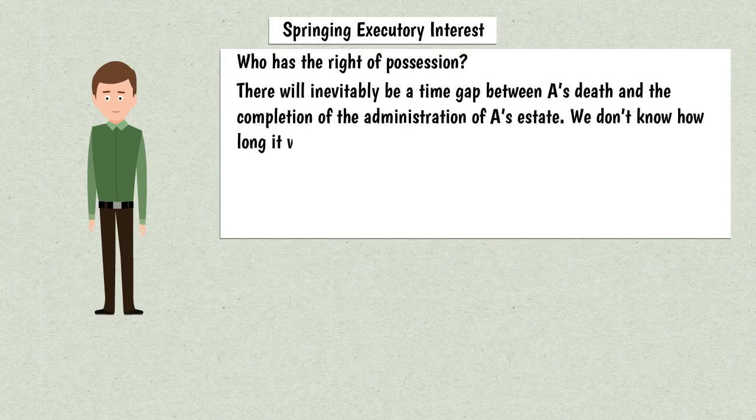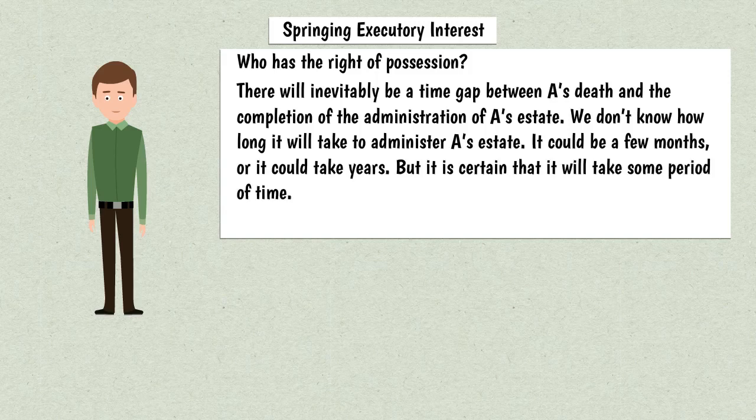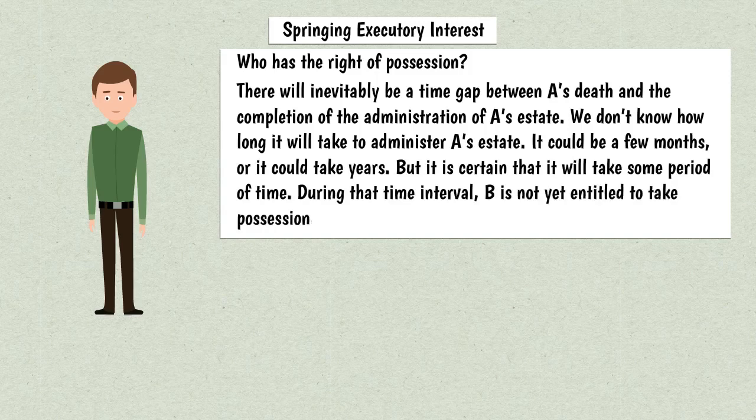We don't know how long it will take to administer A's estate. It could be a few months, or it could take years, but it is certain that it will take some period of time. During that time interval, B is not yet entitled to take possession.